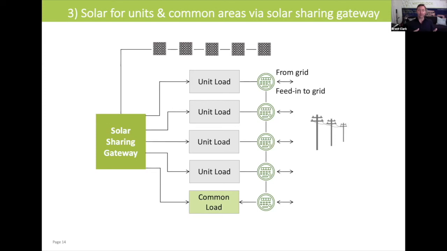Now, the other benefit of the solar sharing gateway is that not every apartment in the building has to participate. So if you've got an apartment complex with 10 units, 5 are owned by owner investors and 5 are owned by owner occupiers, perhaps only the 5 owner occupiers and maybe one of the owner investors want to join together, pitch in their share of a shared solar system, and those people will get the benefit.